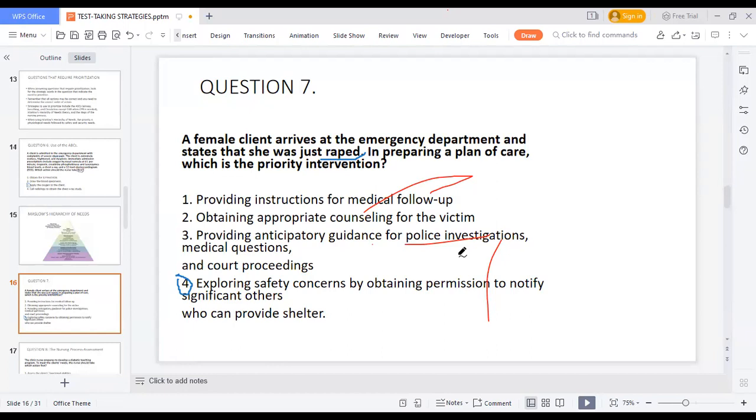I think all are right. All are correct. But which is the best? The first thing for you to do, follow the hierarchy and you move forward. That's why I'm here today, to help you understand how to apply these tips in answering these questions. So number 4 is right.